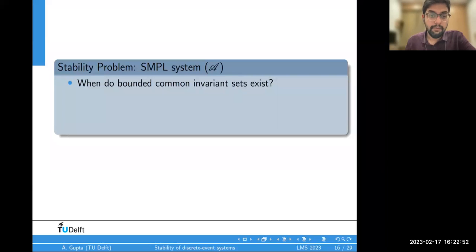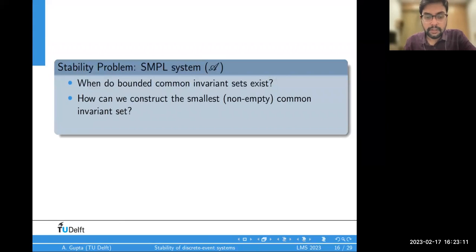So given an open loop SMPL system, given a set of matrices A, can we find a bounded common invariant set? That is one of the questions.